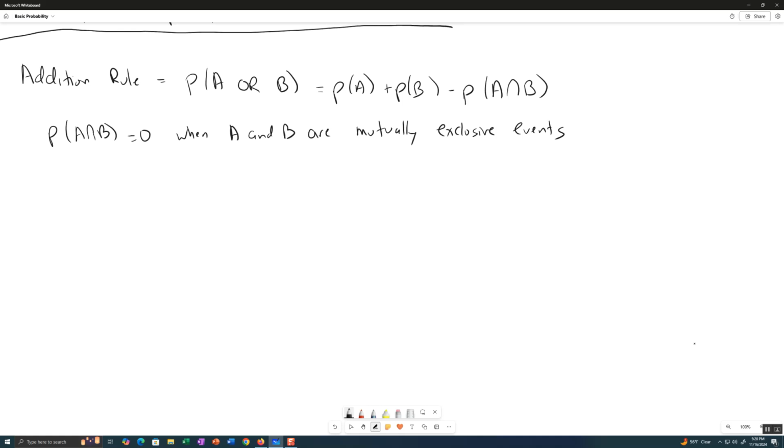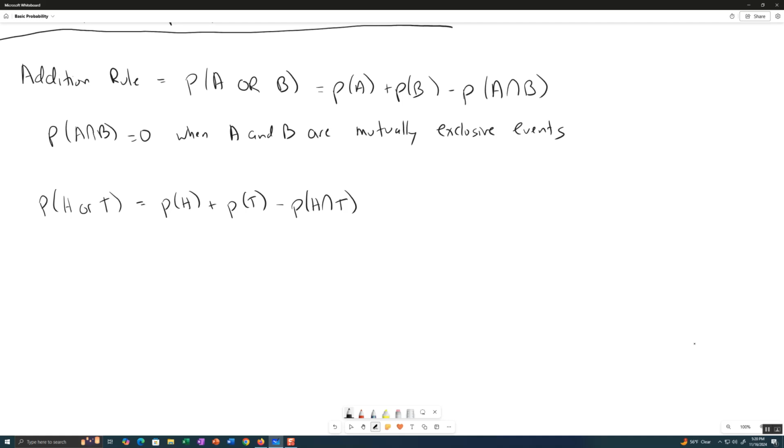So the simplest way to look at mutual exclusivity is flipping a fair coin once. So what's the probability of getting heads or tails on one flip of a fair coin? Well, that's simply the probability of heads plus the probability of tails minus the probability of heads intersection tails.